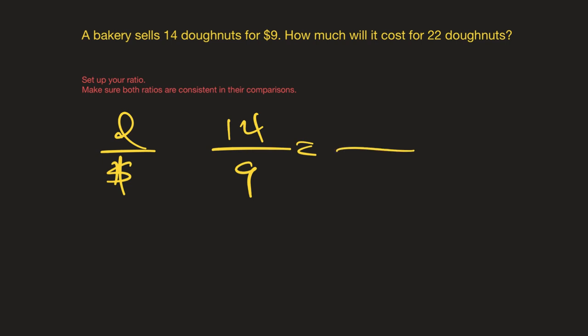what does the 22 represent, donuts or dollars? Donuts. So is the 22 going to go on top of the ratio or the bottom? It's going to go on the top. 22 donuts. Do I know how much money 22 donuts is? So what do you think I'm going to put down there? What's on top of your dollar? D for donuts.